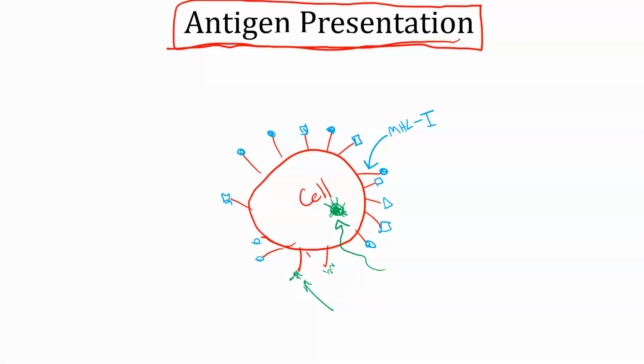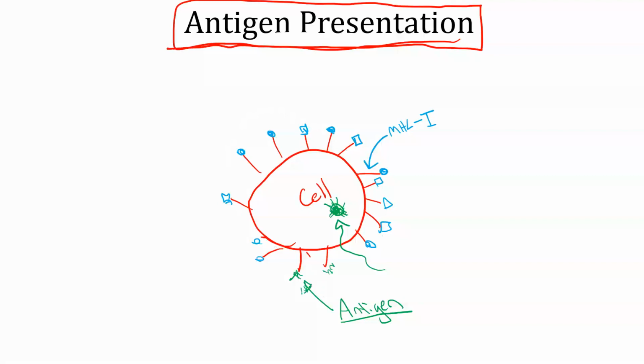Well, each of these characteristic little parts of the virus that can be recognized are called antigens. In fact, antigen is a general word that means anything that is a recognizable pattern on a molecule that something could bind to specifically. So all of these things are antigens on the outside of the surface of the cell.